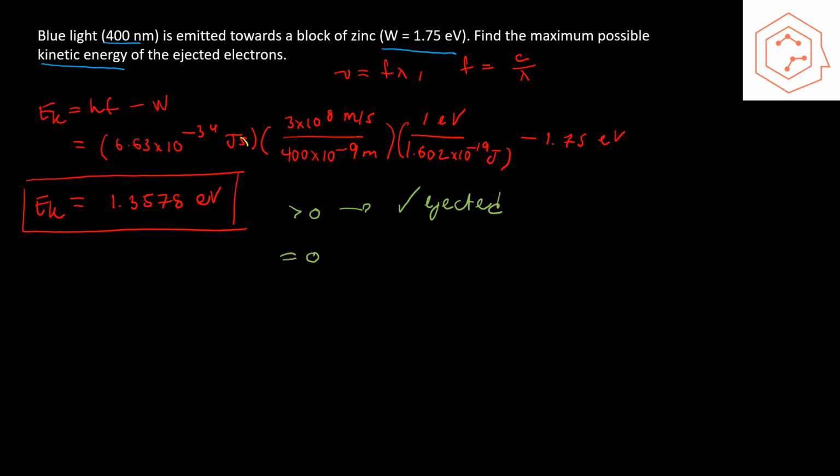If our kinetic energy equaled 0, that means that our frequency is equal to the threshold frequency, and so we barely eject the electrons.